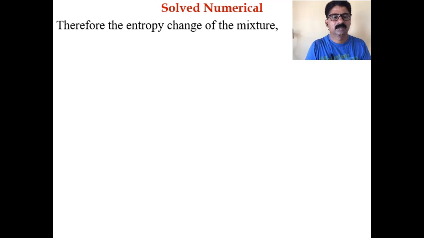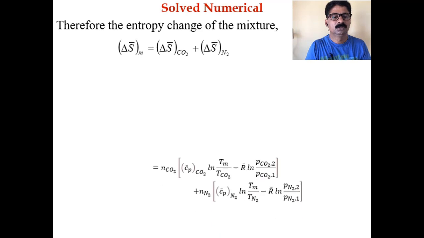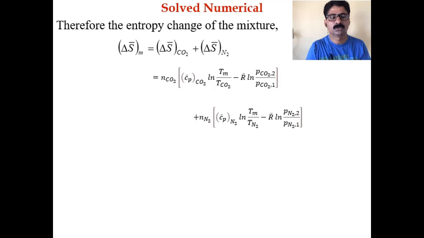Therefore, the entropy change of the mixture is given by delta S bar mixture is equal to delta S bar CO2 plus delta S bar N2. So here delta S bar CO2 and delta S bar N2 have to be calculated separately, then you have to add. So delta S bar CO2 is NCO2 into Cp bar CO2 ln Tm by TCO2 minus R bar ln PCO2 at state 2 divided by PCO2 at state 1.